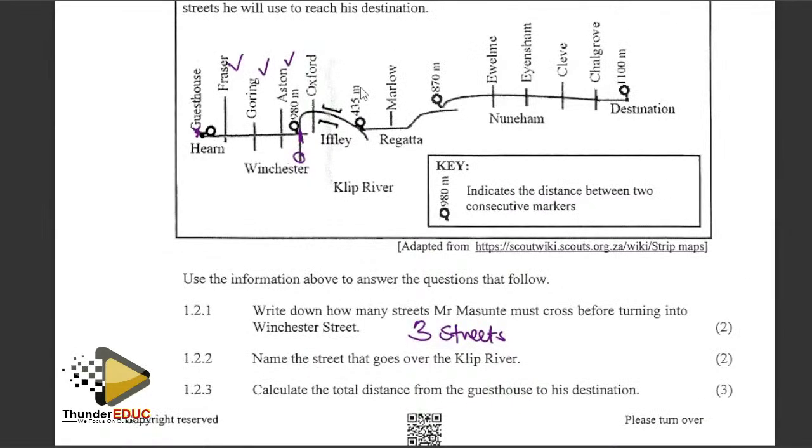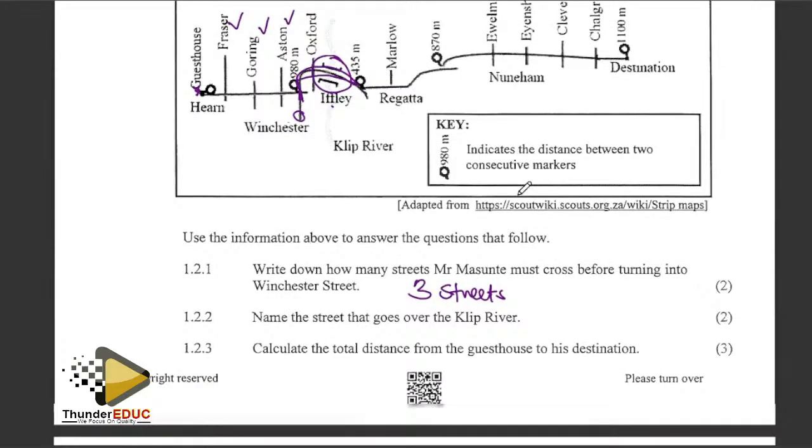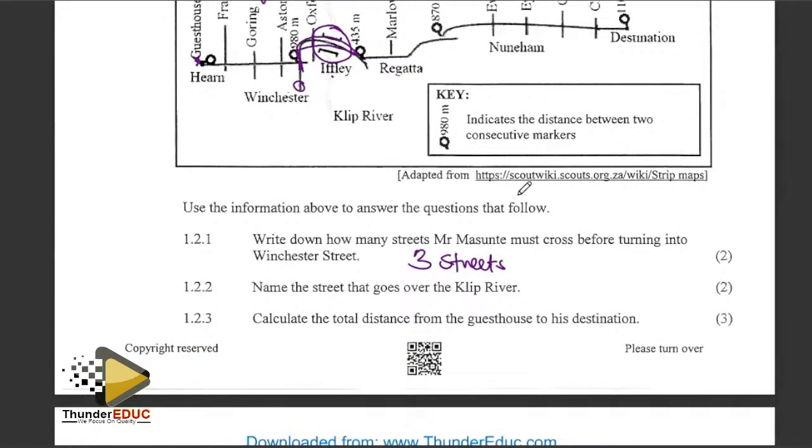This is the river. Because it's the bridge. Then there's this street that goes up like this. This street is called Ife. I'll write it there.